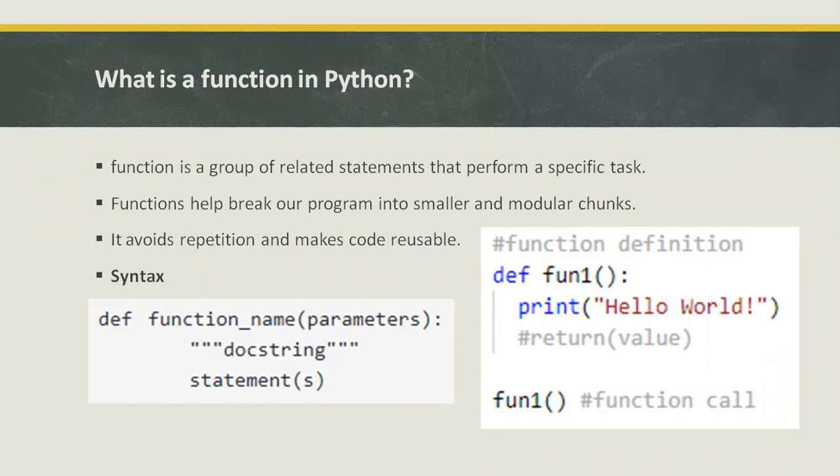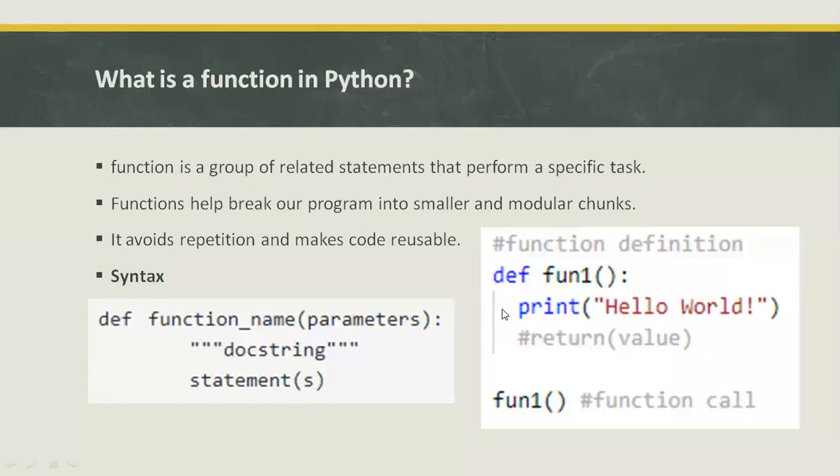So how can you define a function in Python? In Python, you have to write def. def is like a definition, then the function name and the parameters. You have to use a colon here. Like in C programming, whenever you use an open curly bracket and close curly bracket, similarly in Python you have to put a colon as well as the indentation space.